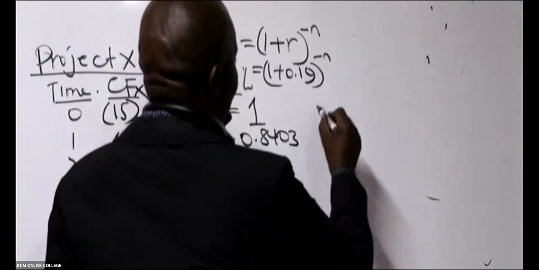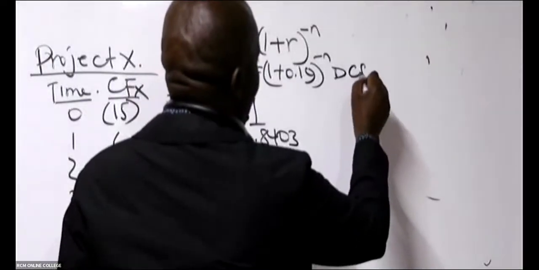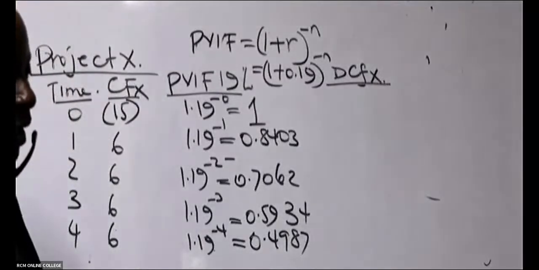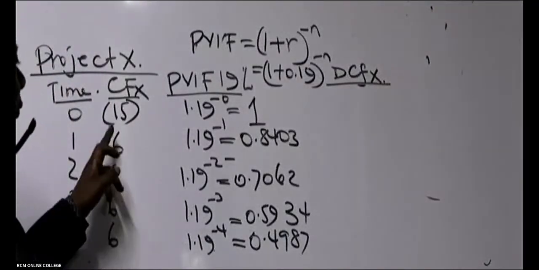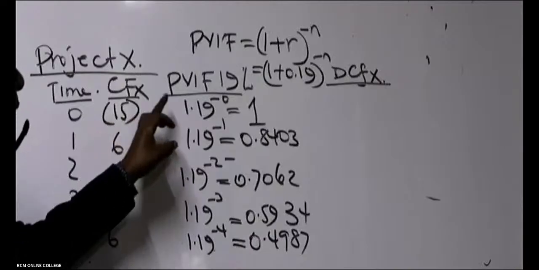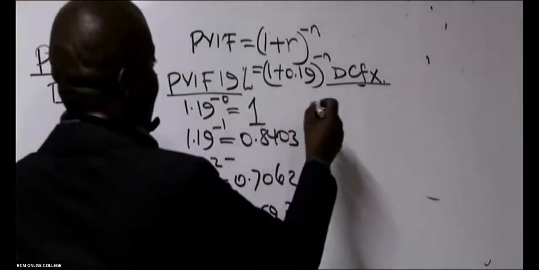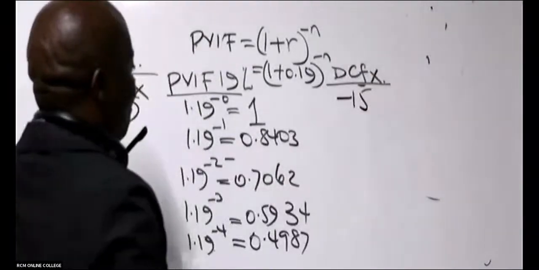So now give me the discounted cash flows for X. What do I do? I take these cash flows times the discounting factors. First, minus 15 times 1 gives minus 15 because I'm investing.